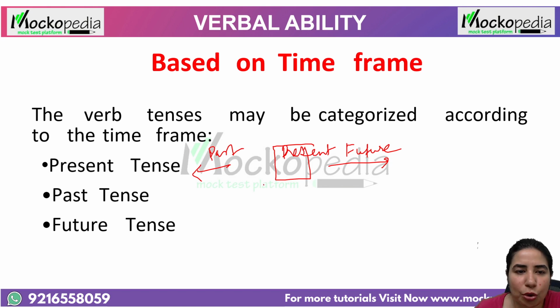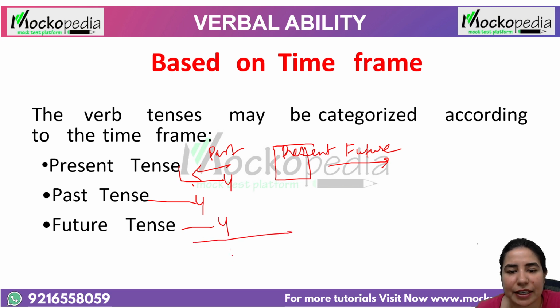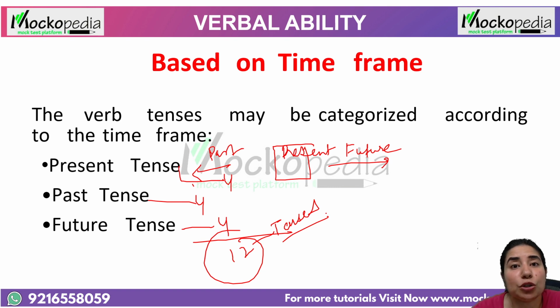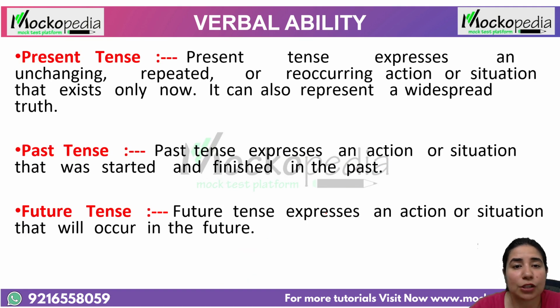Now, as you know, if you don't know, then I'm telling you, each of these will have 4 individual categories. So there are total 12 tenses which you should know, and we should know the difference where to use which tense, right? So, like I said, present tense expresses an unchanging, repeated, or recurring action.